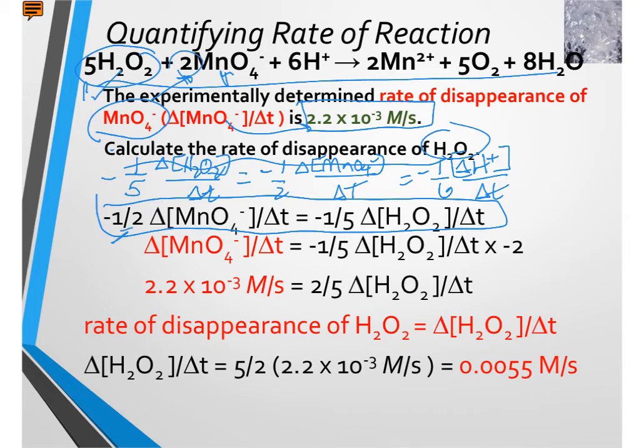Minus 1/2 change in concentration of permanganate over time equals minus 1/5 change in concentration of hydrogen peroxide over time. Now it's simply algebra, okay? So what are we trying to solve for? We are trying to solve for the rate of disappearance of hydrogen peroxide.